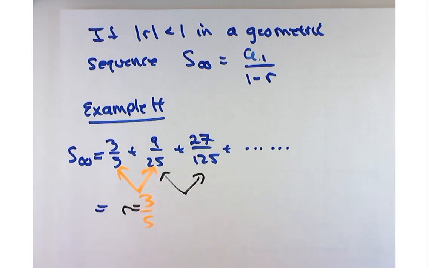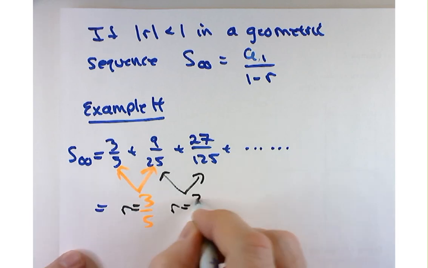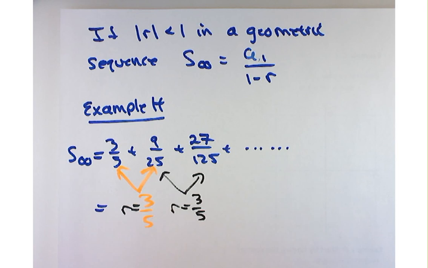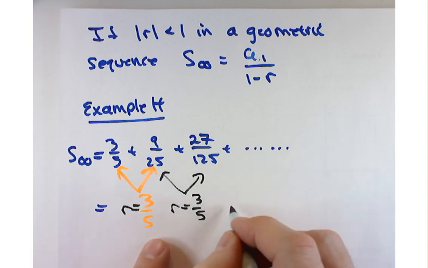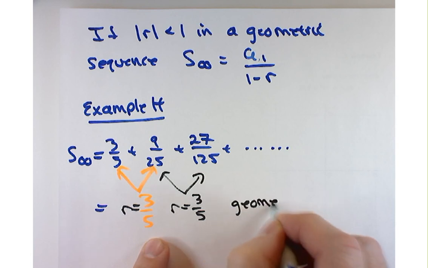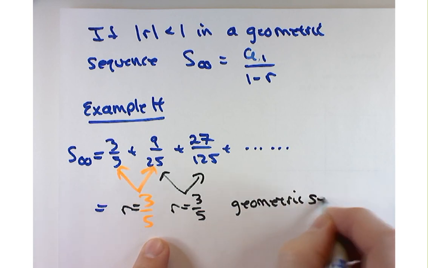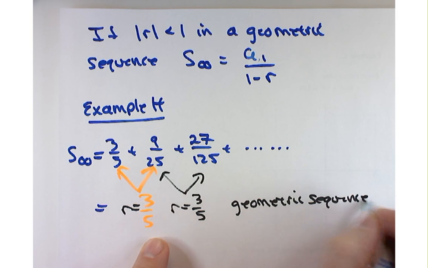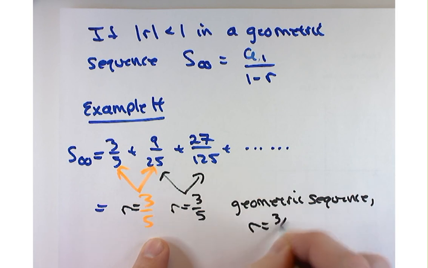And then if you calculate it over here, you get r equals 3/5 again. So awesome. This is a geometric sequence. r equals 3/5.